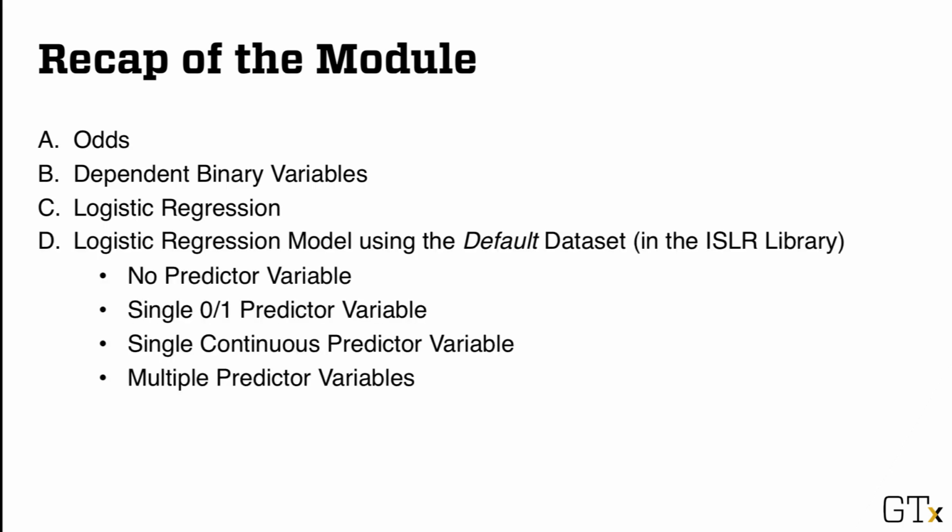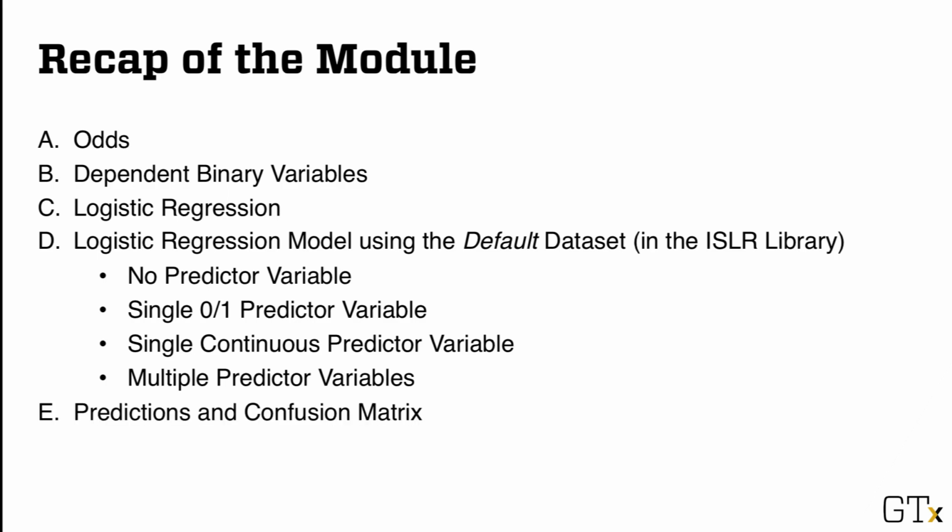And then we applied the logistic function to the default data set to create 4 different models. The first one did not have a predictor variable. The second one had a single 0-1 predictor variable. The third model had a single continuous predictor variable, and the fourth model had multiple predictor variables.